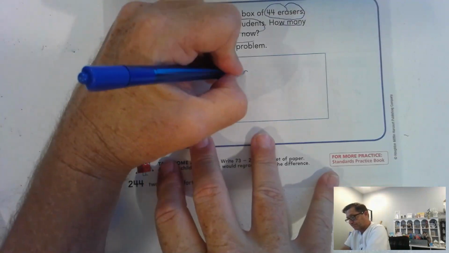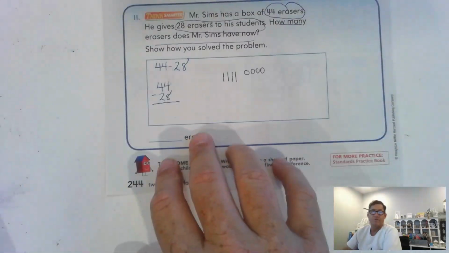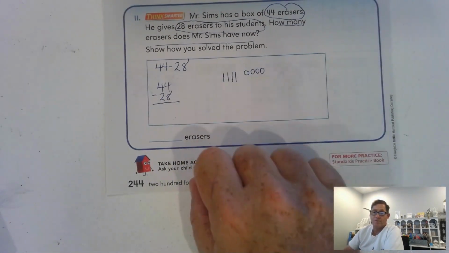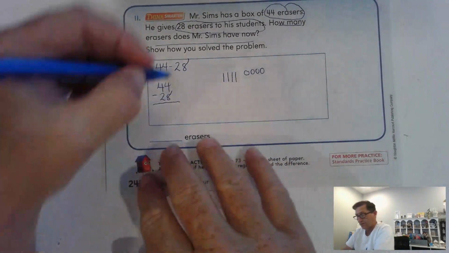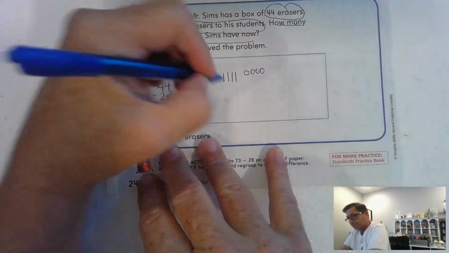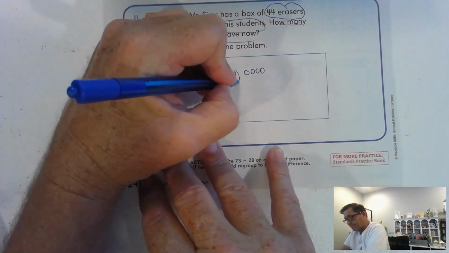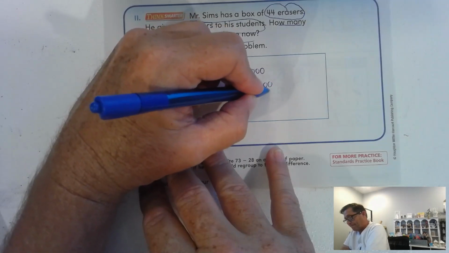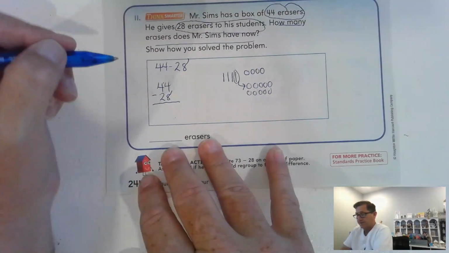If we model it, we'd have 44 ones. Can we take away 8 from 4? No, so we'd have to regroup. Okay.